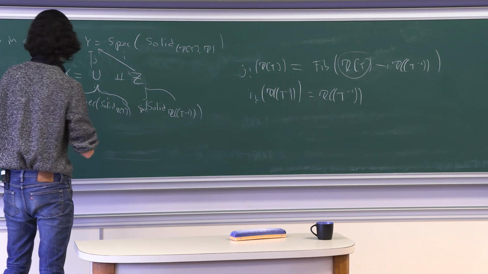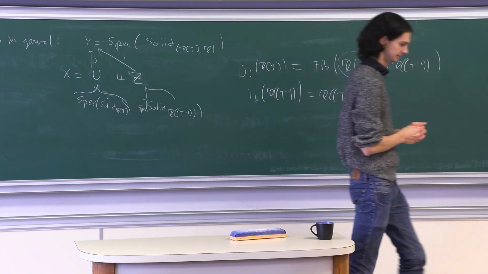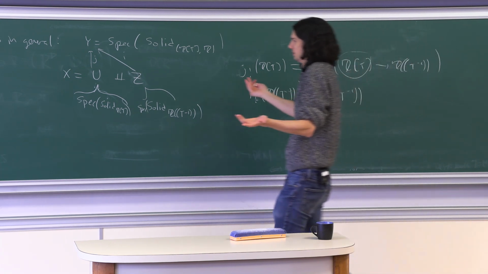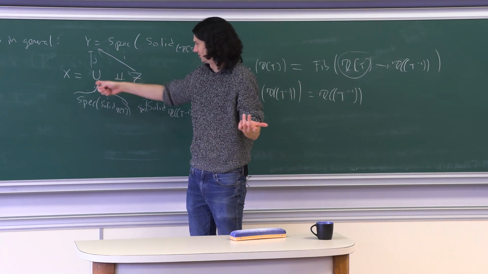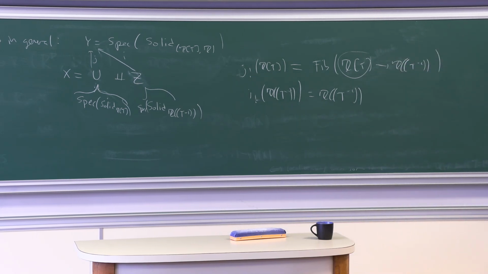Or I mean the ring of global sections on the disjoint union is the product of the two rings.